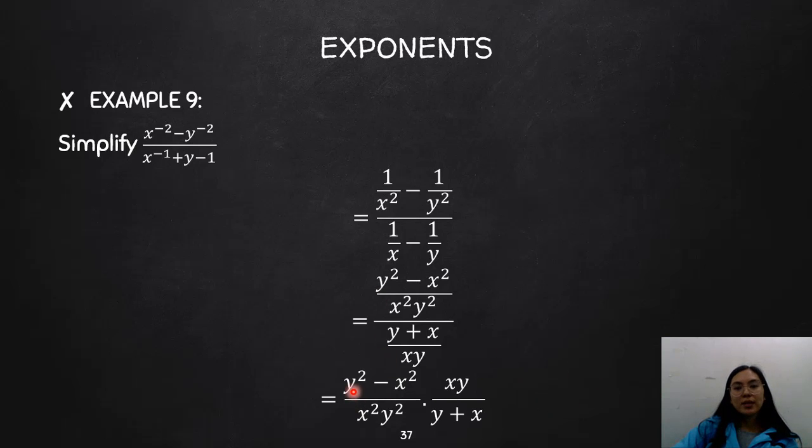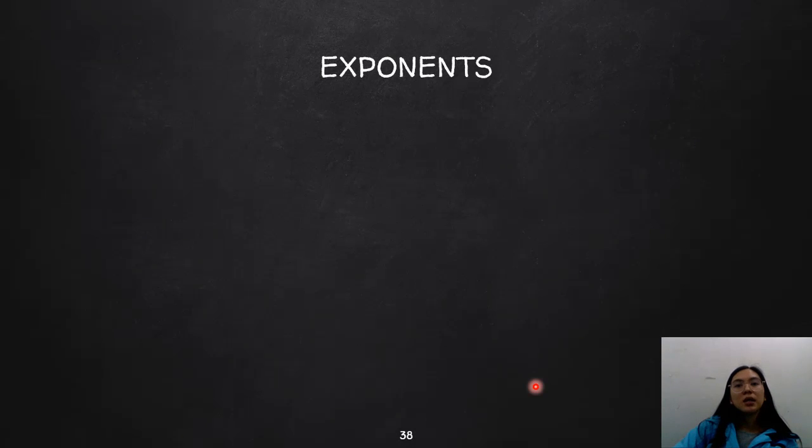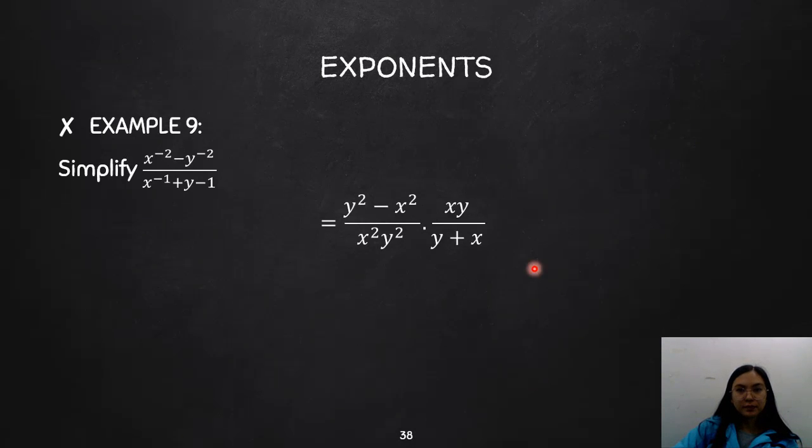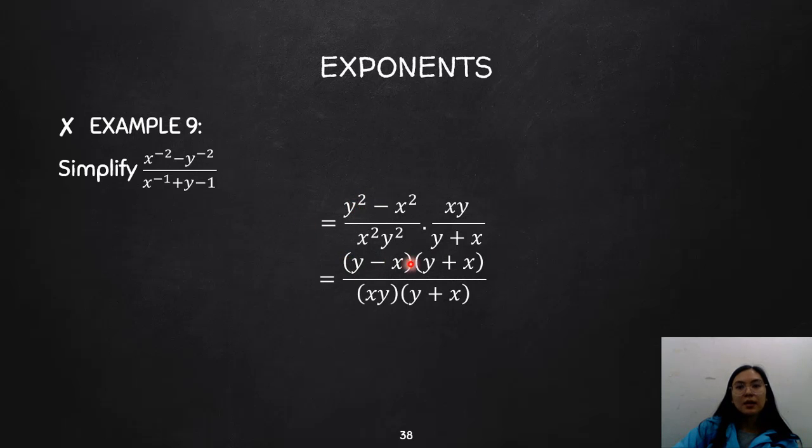Ganyan. Y squared minus x squared all over x squared y squared multiplied by, di ba yung pinakauna nating chinek kanina, you just invert the denominator such that it will become xy all over y plus x. And then we further simplify this, giving us y minus x plus y plus x divided by xy all over y plus x.